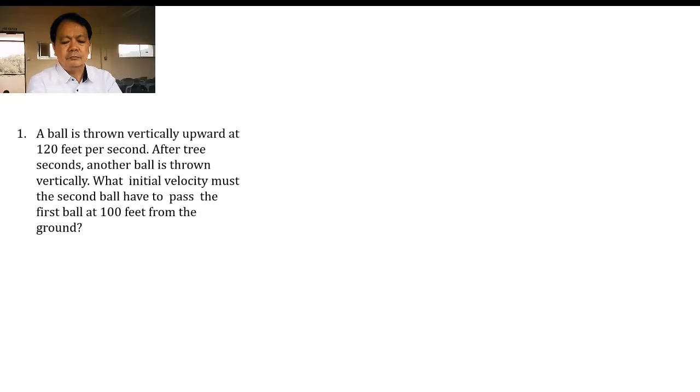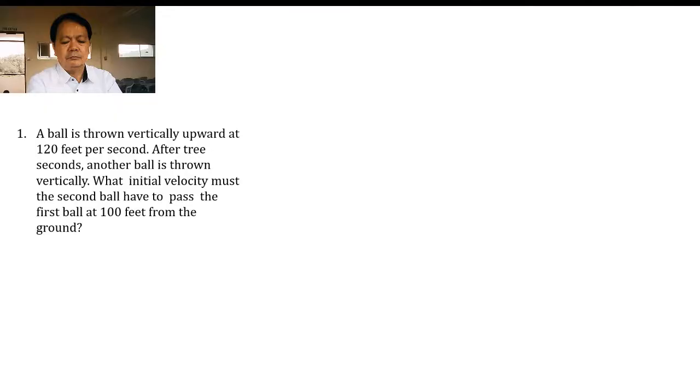And here is our first problem. Balikan natin yun. There is a ball that is thrown vertically upward at 150 feet per second. After 3 seconds, another ball is thrown vertically. What initial velocity must the second ball have to pass the first ball at 100 feet from the ground? Medyo i-analyze natin mabuti yung problem.